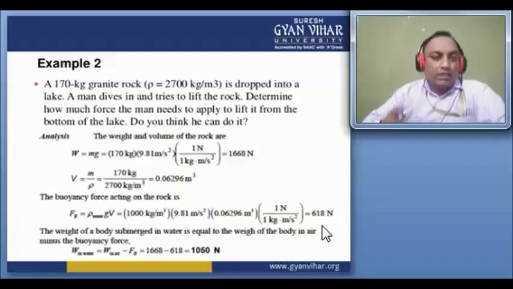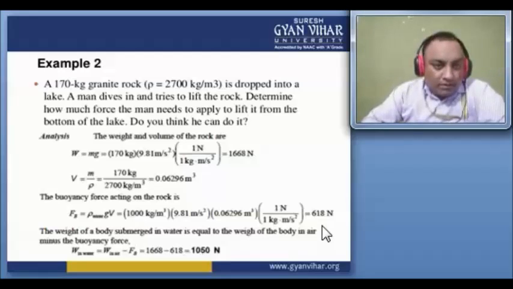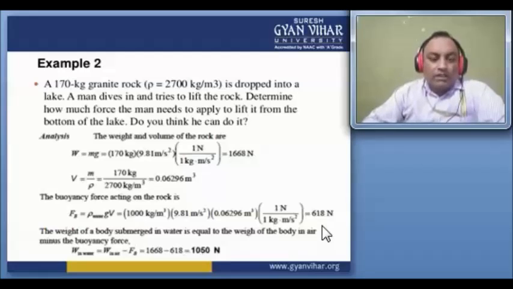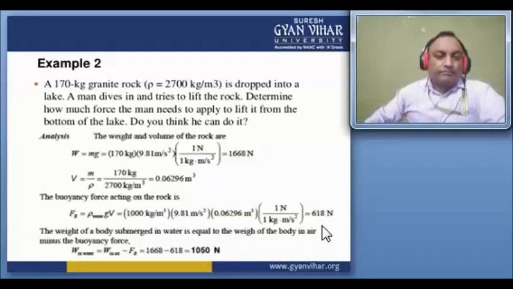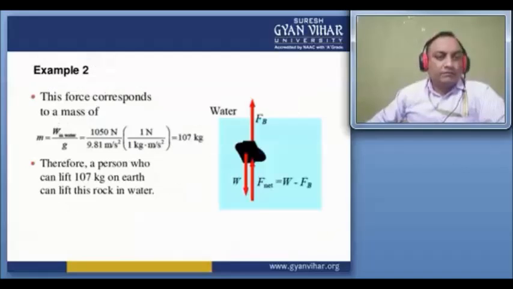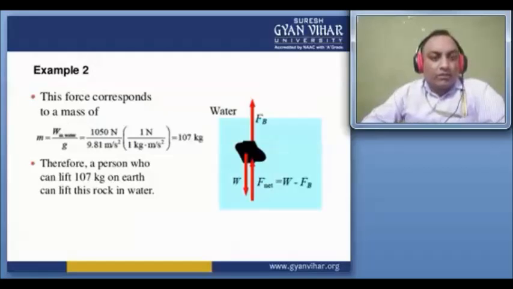So this is W net equal to W minus F_B equal to 1668 minus 618 equal to 1050 Newton, and this force corresponds to a mass of m equal to W in the water divided by g.